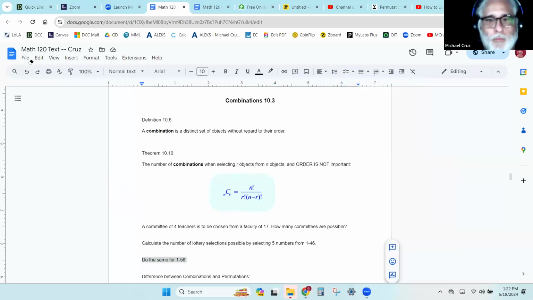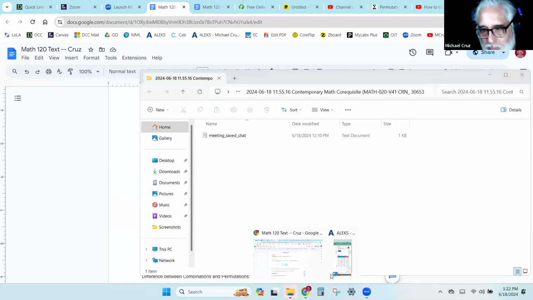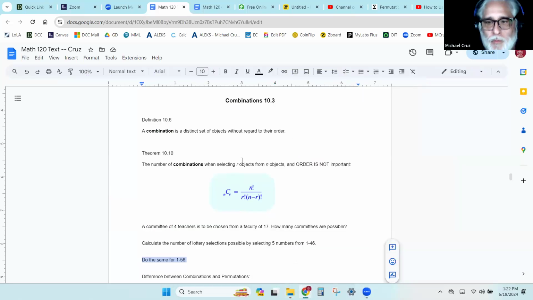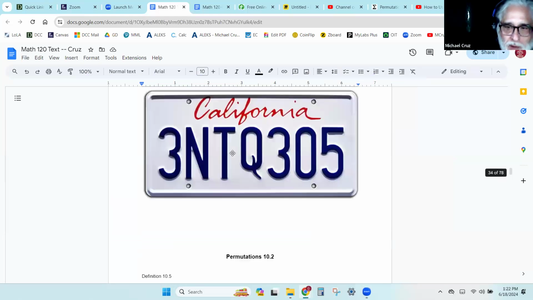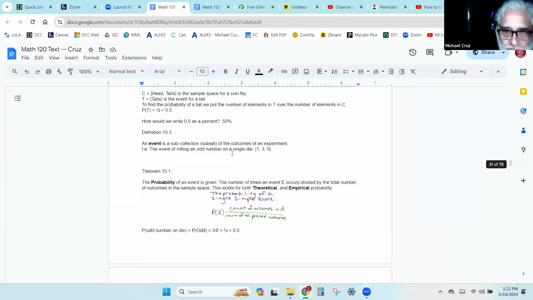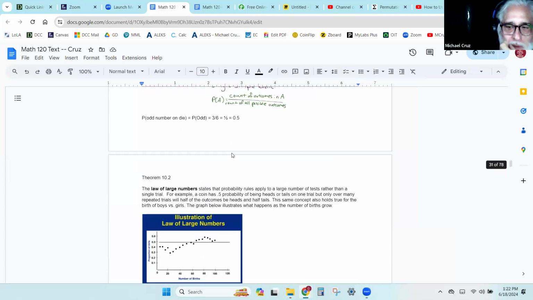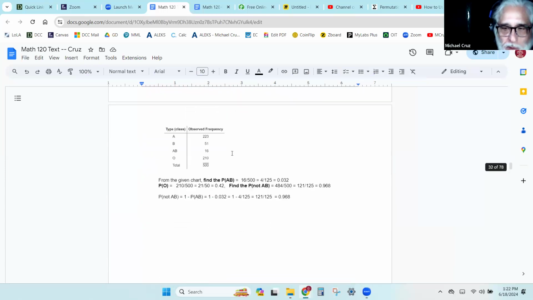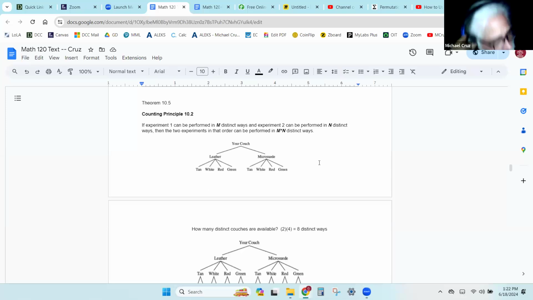All right. So the counting principle. We talked a little bit about probability, and the counting principle is just where we have different groups of experiments.